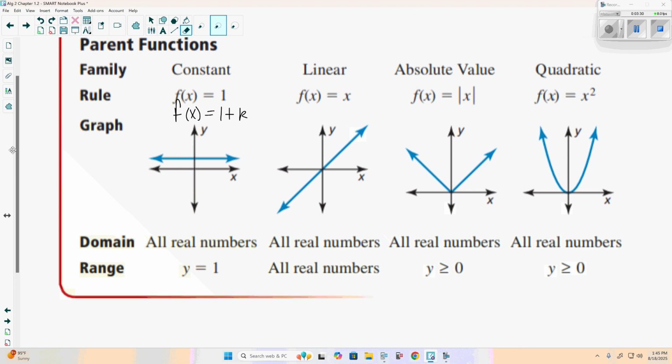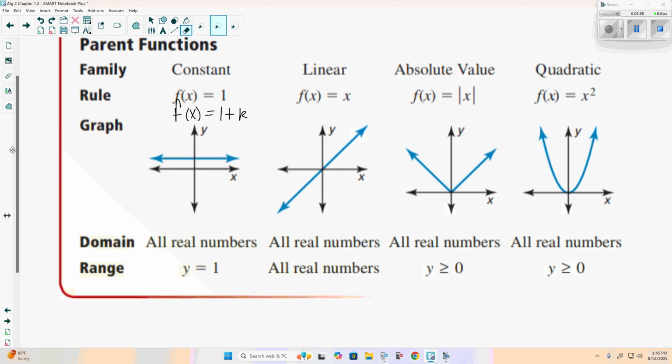Absolute value bars give us our V, where the center, the lowest point, is at the origin. Every other absolute value function is going to look similar to this. It might be skinnier, it might be wider. We can apply transformations to it, but they're all going to look similar to this one here. The same thing's true for quadratic, our U-shaped graph.